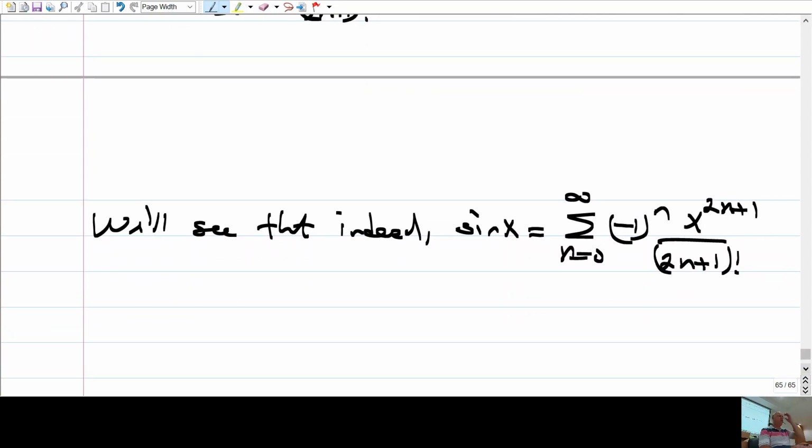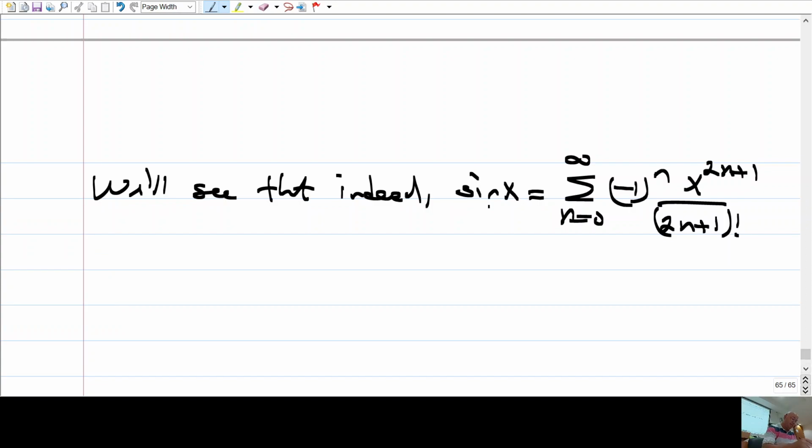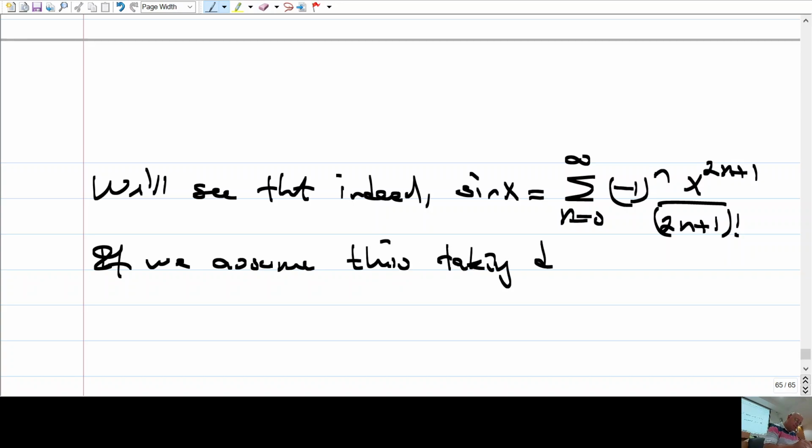But for the time being, let's assume this. If you assume this, then the Taylor series or Maclaurin series for cosine x will be something very simple, right? So if we assume this, taking the derivative of both sides, we get what?